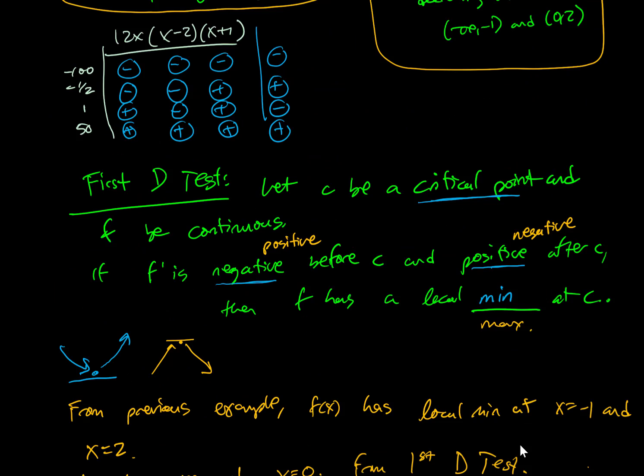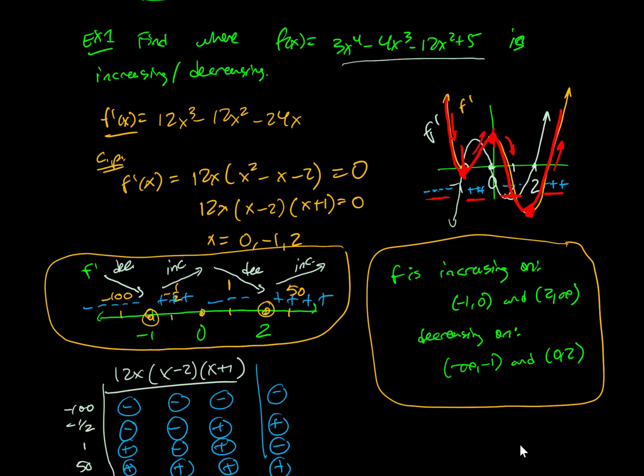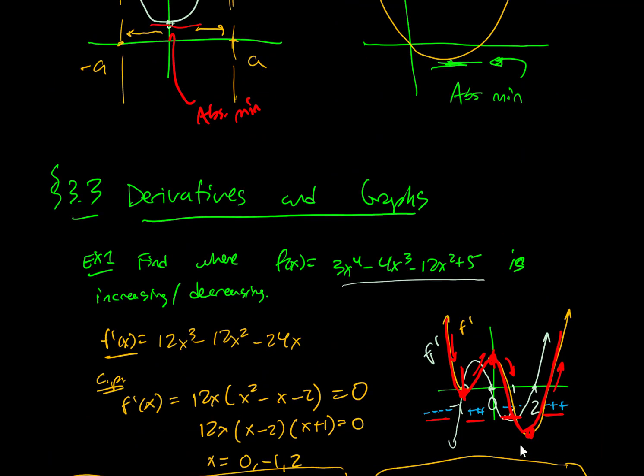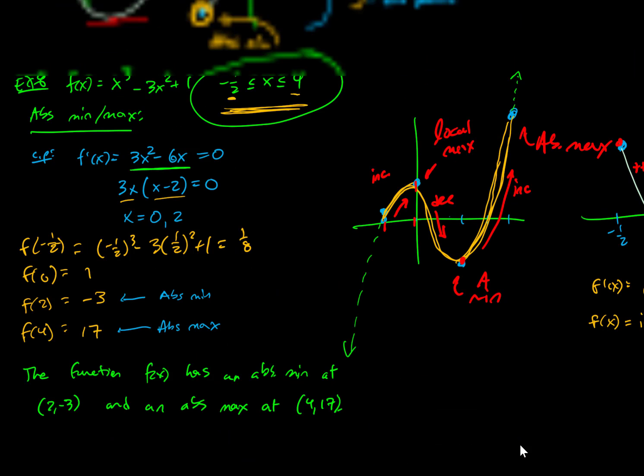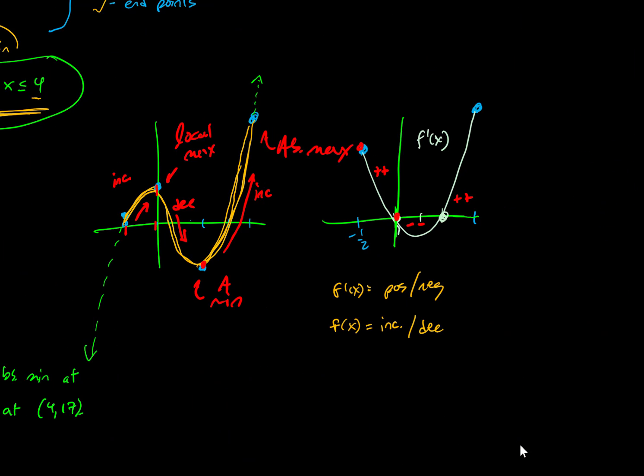The big part here, up here again, is being able to switch from the derivative to the function. When the derivative is positive, my original function was going up. And when my derivative was negative, the original function was going down. Just drawing the connection between these two is very helpful.